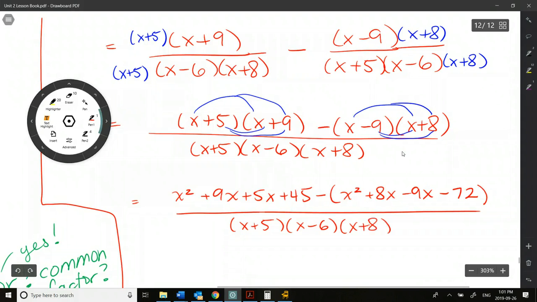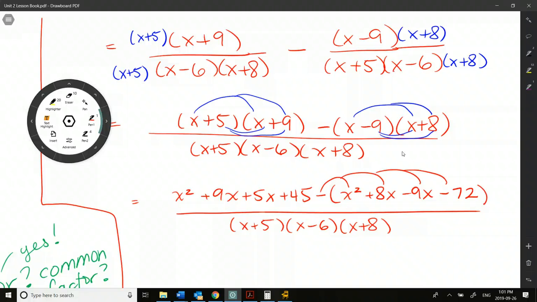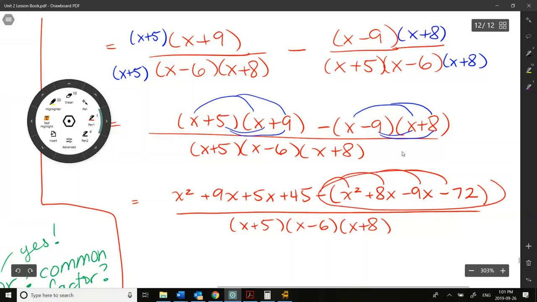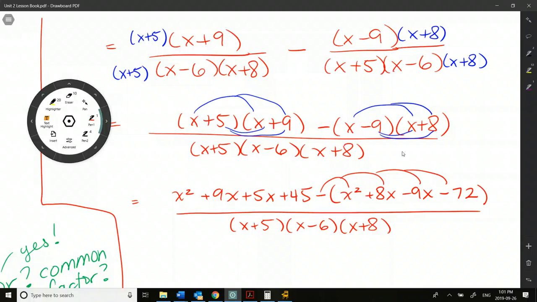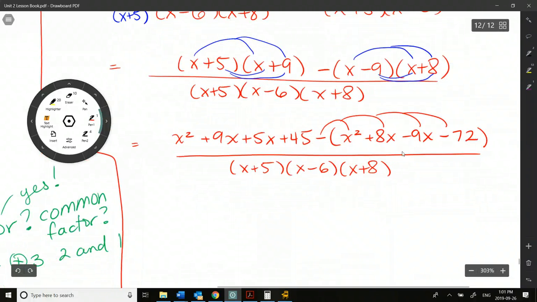Okay, so this actually needs to be brought in to each term in here. This is the one major difference between addition and subtraction. With addition, it doesn't matter because the plus sign isn't going to change anything in this second expansion over here. But the fact that I'm subtracting that whole second fraction means that I'm actually subtracting every term in this expansion. So you really need to be careful about that.